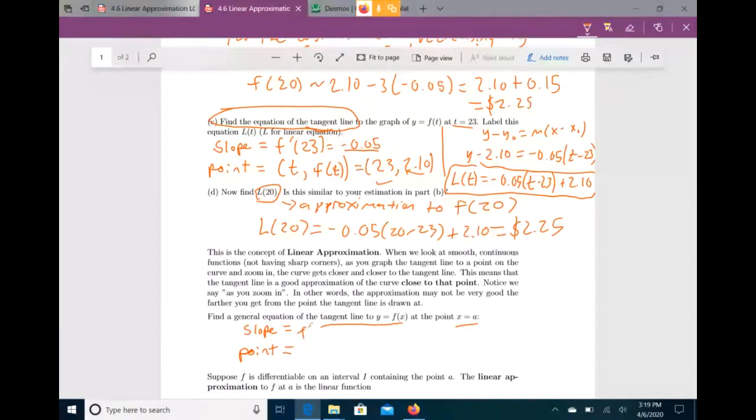Good. The point itself is just a, f of a. So the tangent line then is y minus f of a equals f prime of a times x minus a.